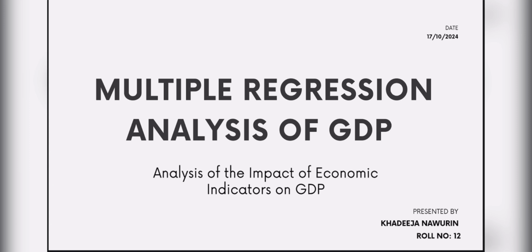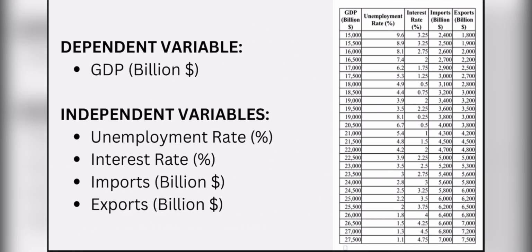I hope you all know the difference between linear and multiple regression models. So without any further delay, let's move on to the data set and its analysis. We have a data set including 4 regressors and 1 regressand, and it is GDP.